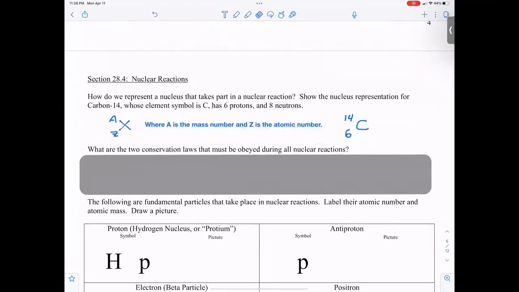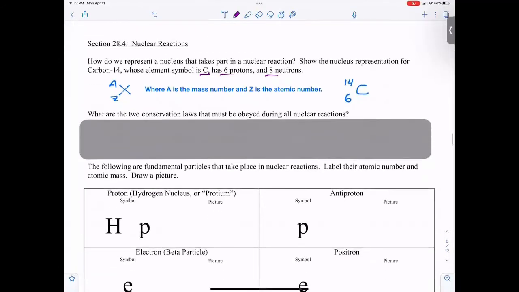Well, for any element we use a generic X, and we use the actual symbol that represents the element. A represents the mass number, and Z represents the atomic number. Okay, and so for a carbon atom, you use the symbol C, right? But it has 6 protons, so we put the atomic number 6 down here, and 6 plus 8 would be a mass number of 14. We put that number up there.